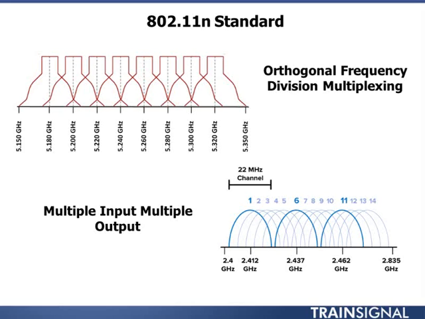It uses a technology called MIMO, or multiple input, multiple output, essentially multiple antennas, and there's a lot of finer details in this that I won't get into now. But it allows for speeds of up to 600 megabits per second. So 802.11a, b, g, and n are all standards you certainly need to be familiar with when dealing with wireless in the 802.11 world.